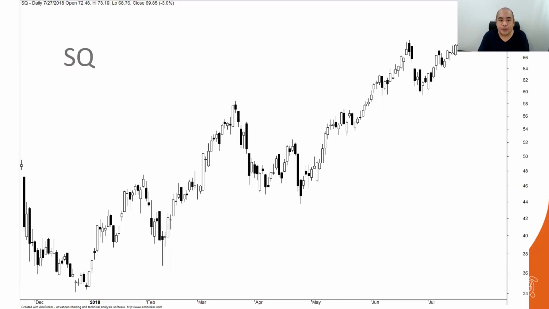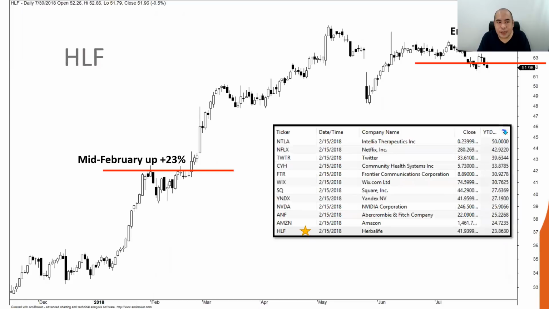Another company that you would have had an opportunity to catch is SQ, not as clean as ETSY, but still, had you been tracking the performance compared to the other stocks in its universe, you too would have been able to catch this trade.